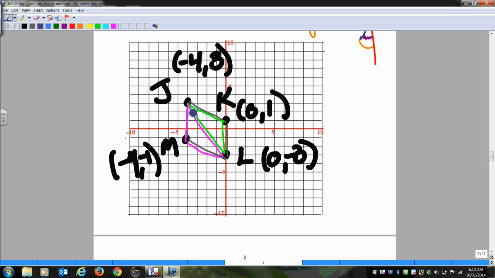Keep that in mind. You don't even need to do any computation. You can say at some point in your proof that JL is congruent to JL, and that's going to give you a side that's reflexive. So you have one side to work with.